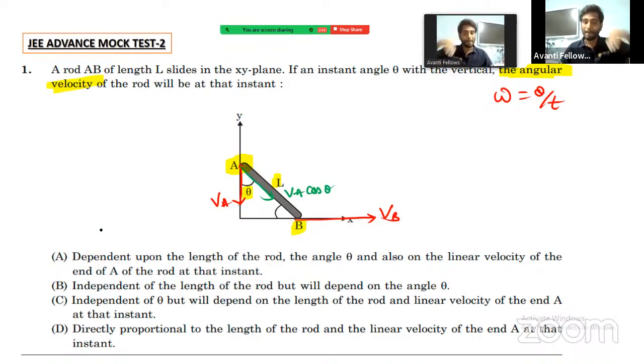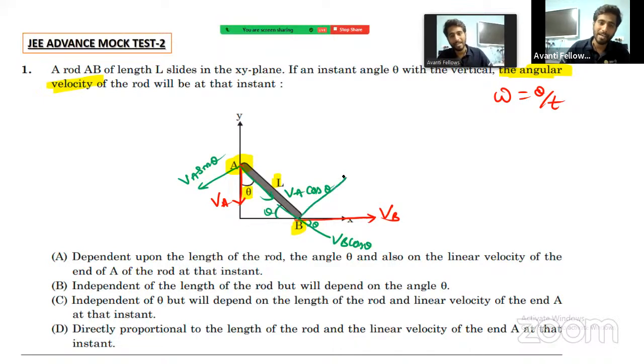Its perpendicular, in this direction, is VA sin theta. For VB also, along this direction, if this is theta then this is also theta. VB's component along the rod is VB cos theta, and its perpendicular is VB sin theta.